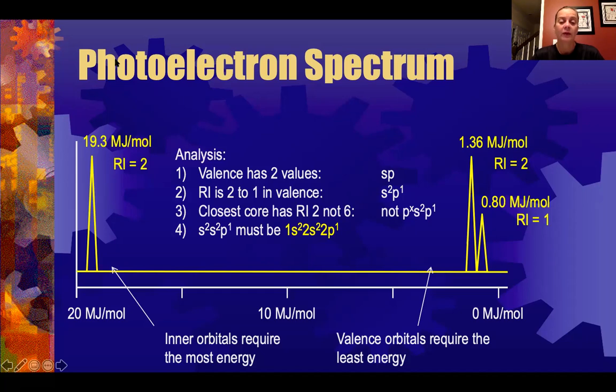The fact that we only have the 3 that we see, and the farther left 2 are the same size, tells us they must both be s. So that's how we know this is 1s2, 2s2, 2p1. Okay, so from all of that, we know that this is the photoelectron spectrum of boron.